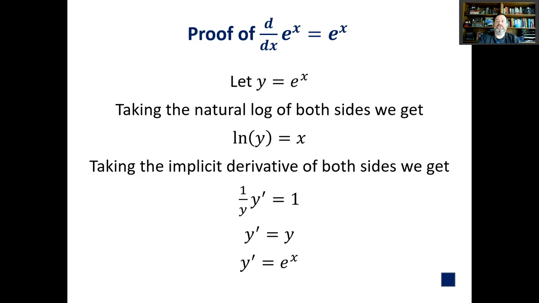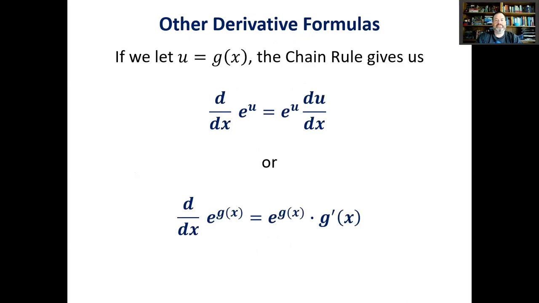So you can see that we're using a lot of the techniques we've established in the class so far. So the derivative of e to the x can be combined with the chain rule, and either one is fine. Either version that you want to use is fine.